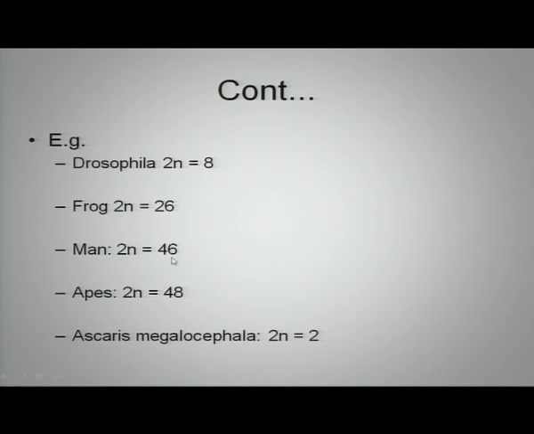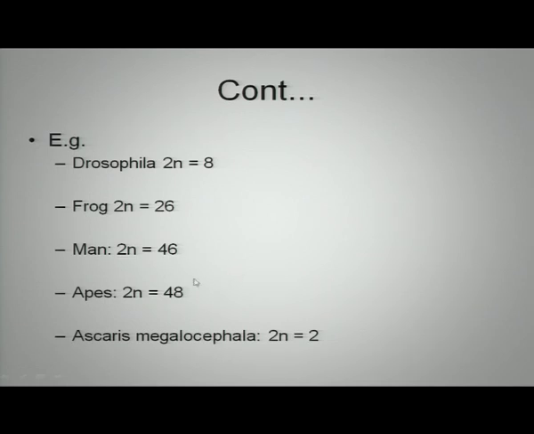If 2n is equal to 47 by XXY condition, what is the disorder? Of course, it is Klinefelter syndrome. And if it reduces to 2n minus 1, X0 condition, then the disorder is Turner syndrome.